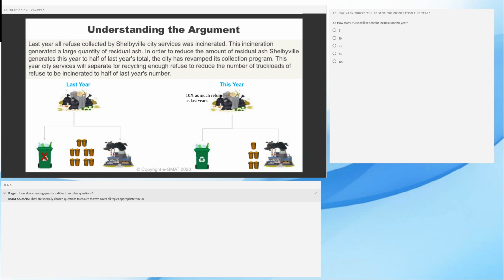Remember, last year we sent 10 trucks for incineration. How many trucks will we send for incineration this year? Okay. 32, 33. 3, 2, and 1. Let me end the poll.